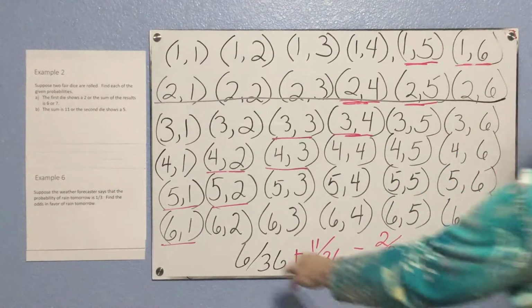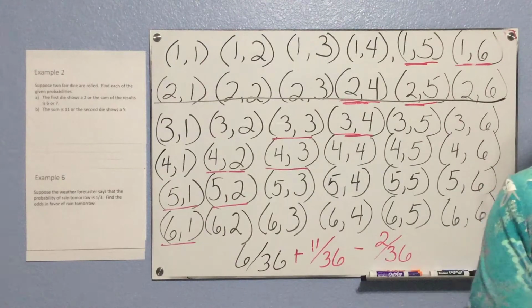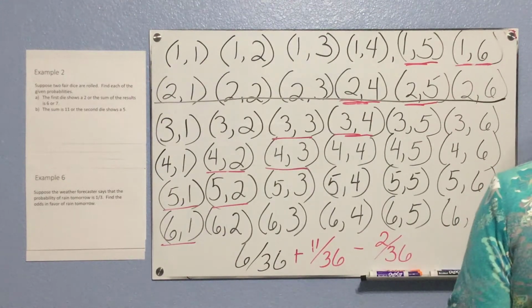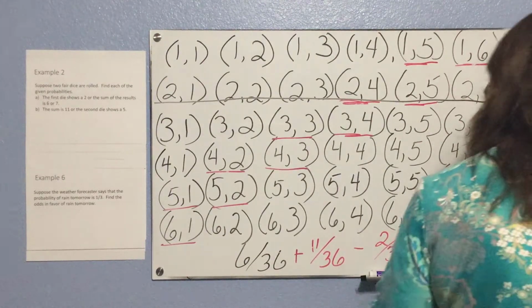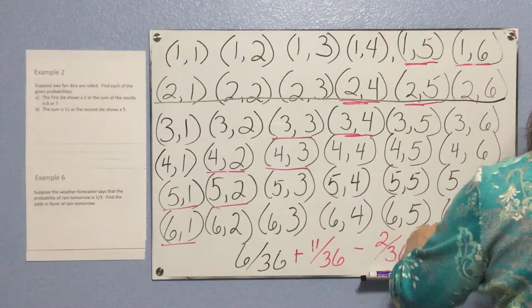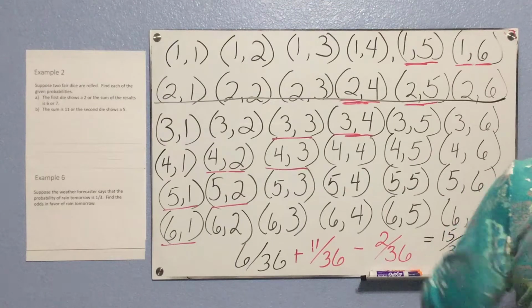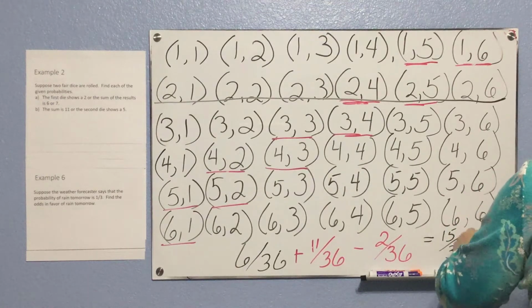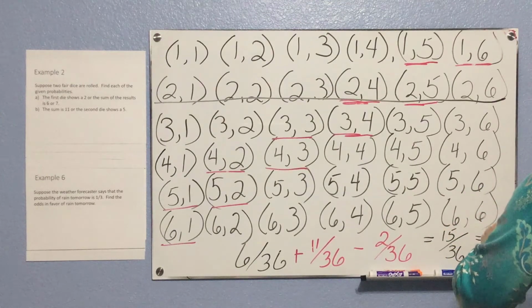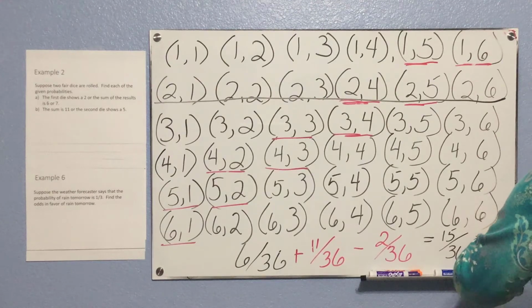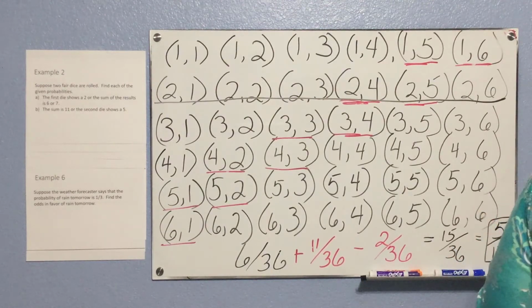Okay, so now we have 6 plus 11 is 17 minus 2 gives us a total of 15 over 36. That can be reduced by a factor of 3, so that would give us 5 over 12 for my probability.